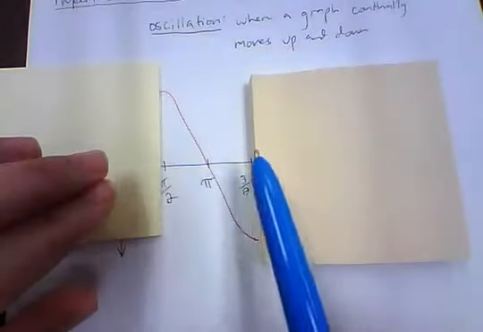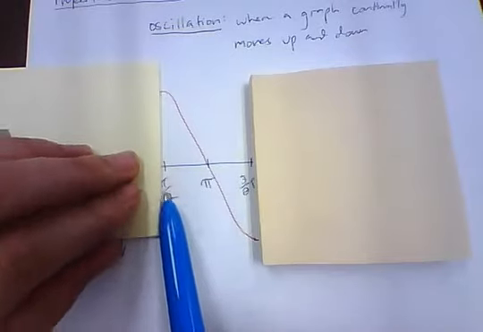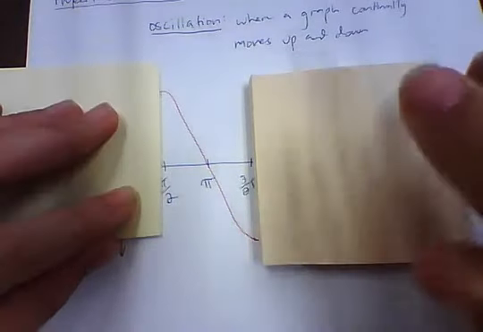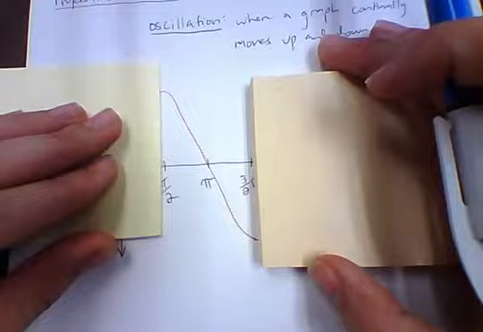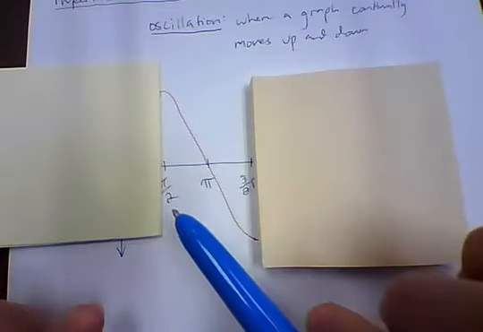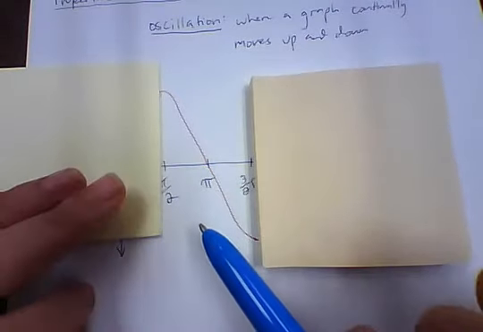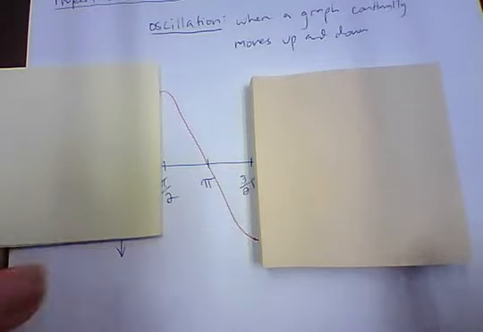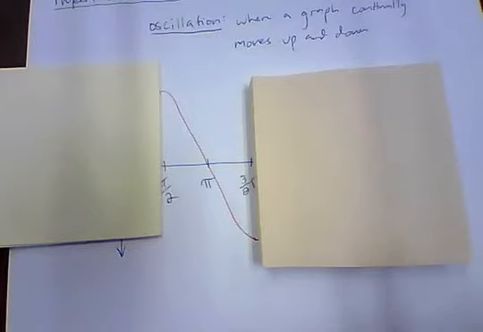For this one range, from pi over 2 to 3 over 2 pi, this little section of sine of x does pass the HLT. For this domain restriction from pi over 2 to 3 over 2 pi, we can, in fact, have an inverse. And so that is where inverse functions come from.